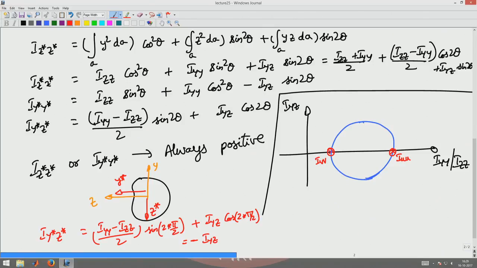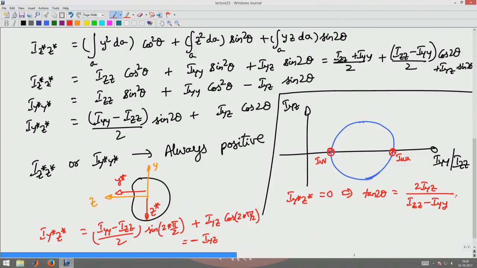Now, the question is, what is the orientation for which I y z, or I y star z star, is 0? This implies tan 2 theta is 2 times I y z divided by I z z minus I y y.